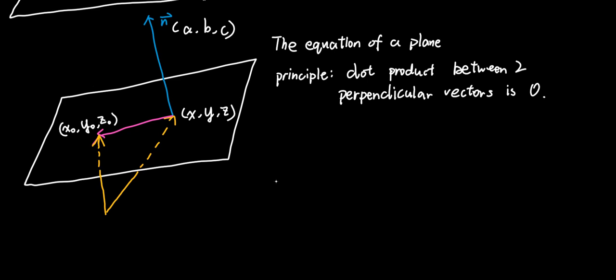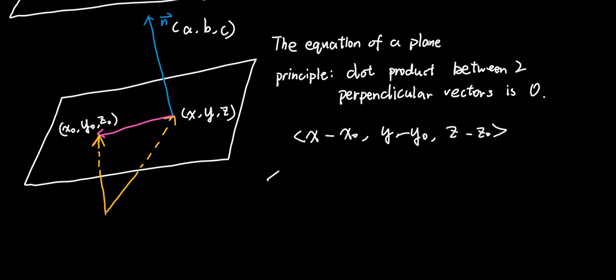So any vector on the plane can be expressed as (x minus x0, y minus y0, z minus z0). Now we can take the dot product of the normal vector and the vector on the plane.